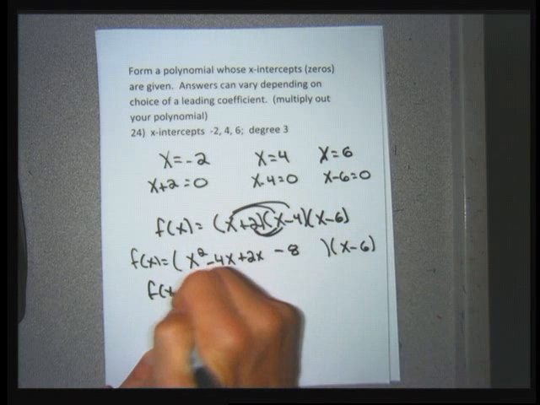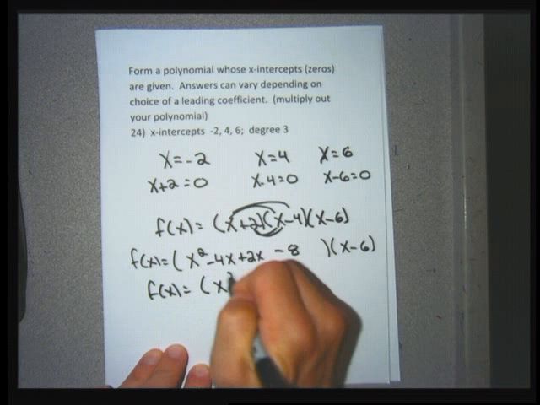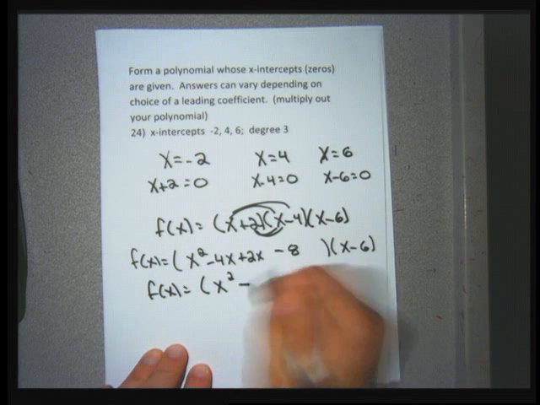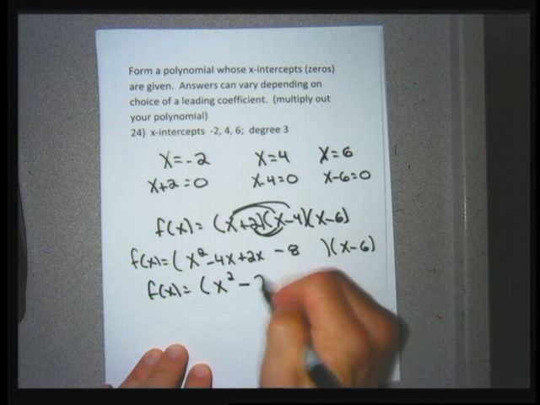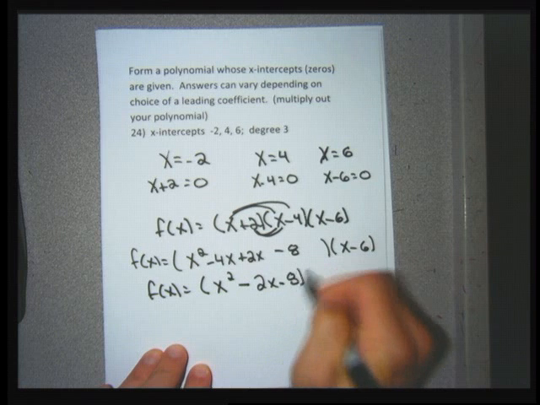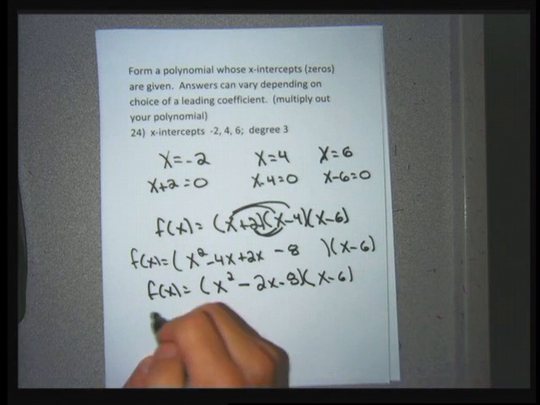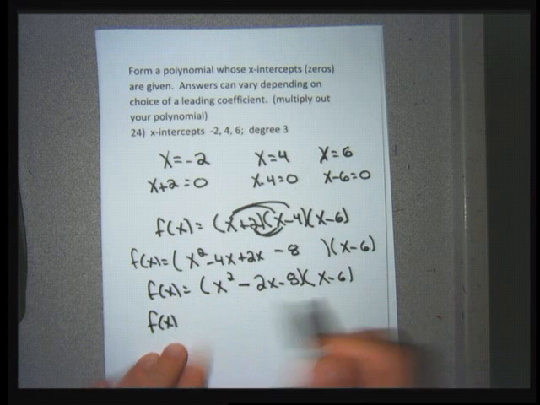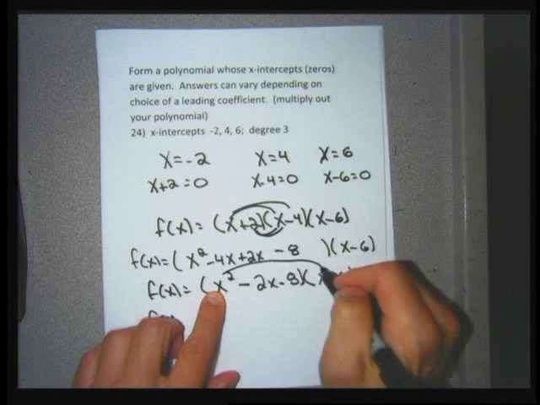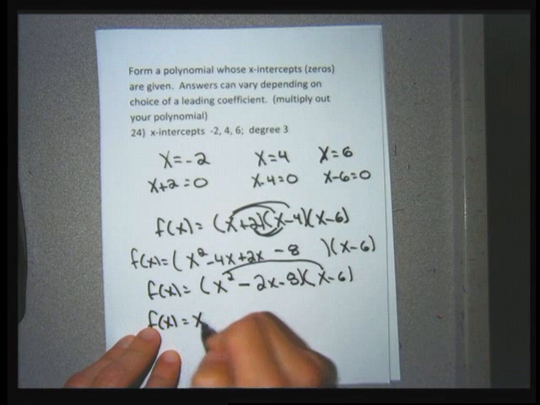So I can combine the outers and the inners, and I get x squared minus 2x minus 8 times x minus 6. And I'm going to multiply this out. X squared times x is x cubed.